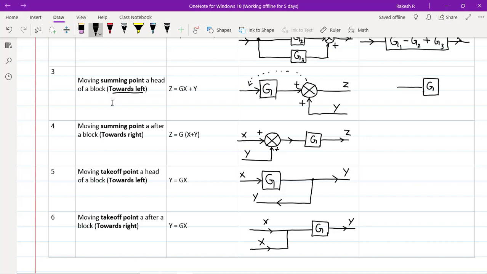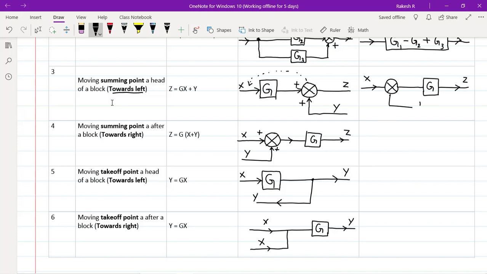we have the input here, the output here, the output becomes Z, but this summing point will come here. This summing point will become Y here, and X is the input here. Now when you shift this summing point towards left, here we have one more summing point, that is Y, which is after the block, but we have shifted this summing point towards left, so this becomes like this.